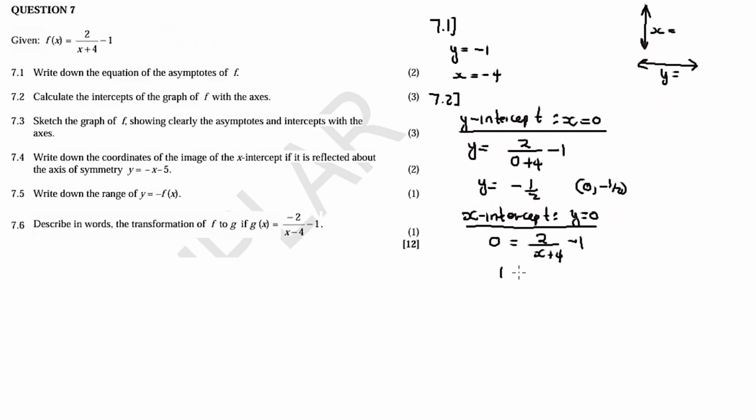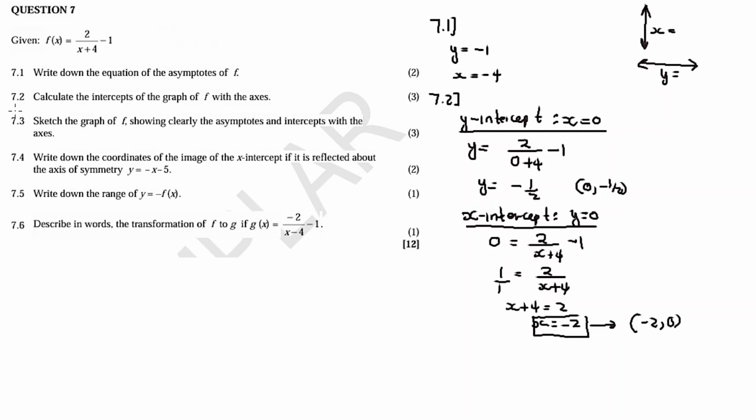Transpose the 1, and we get positive 1 equals 2 divided by x plus 4. Cross multiplying, we get x plus 4 equal to 2. Transpose 4, and you end up with x equal to negative 2. The coordinates will be minus 2 and 0.